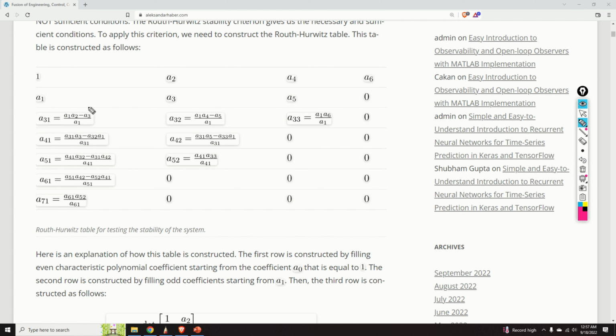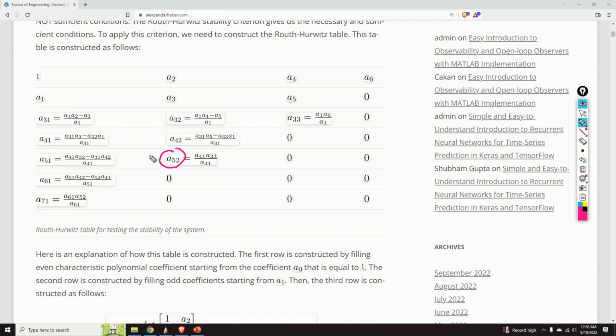Since we went one row below, we will take A41, multiply A41 by A32, then place a minus sign, then take A42, multiply A42 by A31 and divide the result by A41.